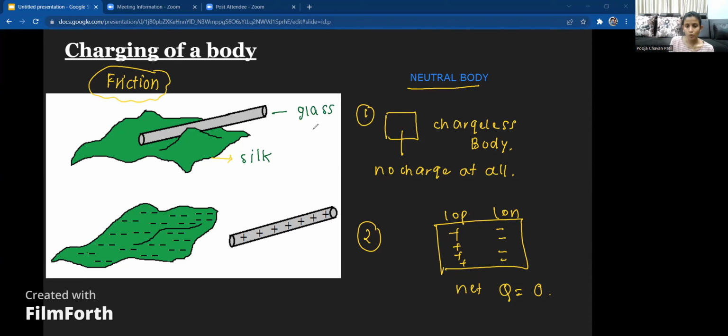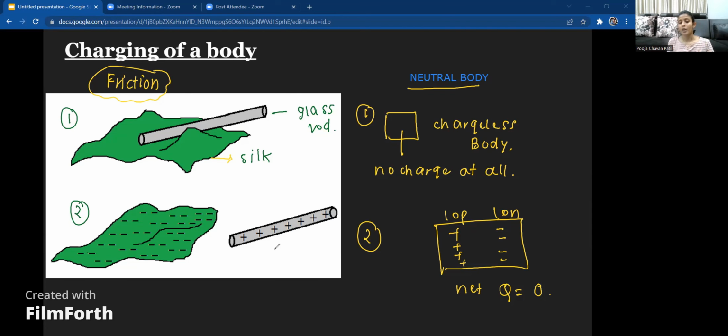We took two neutral bodies and rubbed them against each other, and then, as we can see in the second picture, the silk has all the negative charges, and the rod has positive charges. Initially we had two neutral bodies, now we have made them positively and negatively charged bodies. So this is the very easiest way of charging a body, by rubbing it or by providing friction.